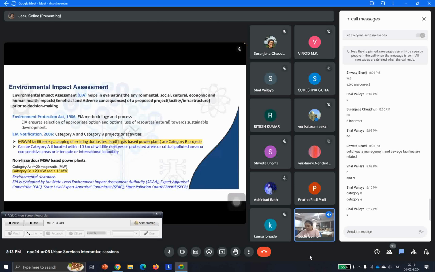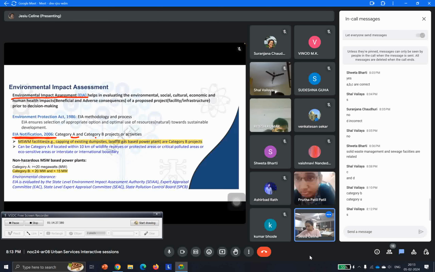This is the environmental impact assessment. As per EIA notification 2006, we have category A and category B projects. Now, the rationale is based on certain surveys, and certain guidelines have been formulated. So this is a standard that we are following. As per this standard, all MSW facilities are category B projects. So in our question, it was mentioned that it is a category A project, but it is actually a category B project.